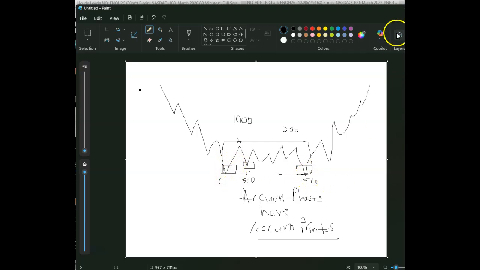So now you understand accumulation phases have accumulation prints. This is the same on higher time frame and lower time frame. So one of the things to look for is accumulation prints.